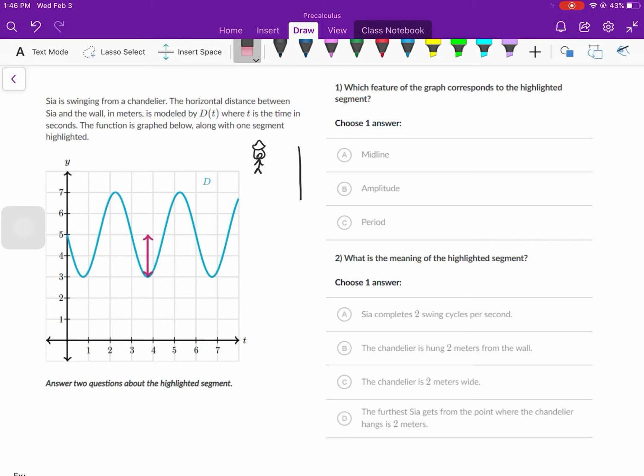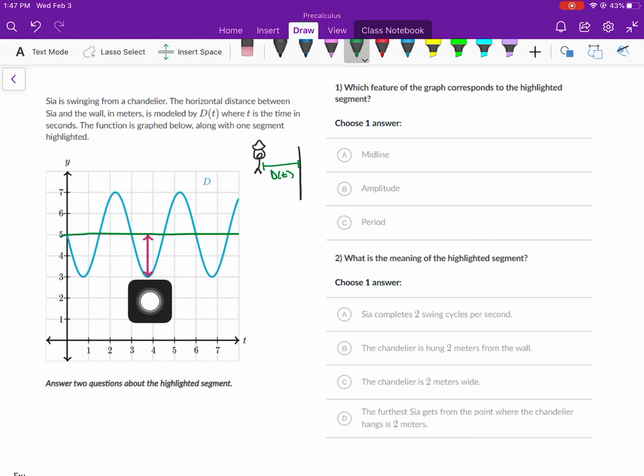So, he drew 4 arms. There we go. So d of t is the distance from the wall. So that's going back and forth, right? So starting, this right here is the amplitude. That's the distance from the middle. So there's your midline, but what they're giving here is the amplitude.